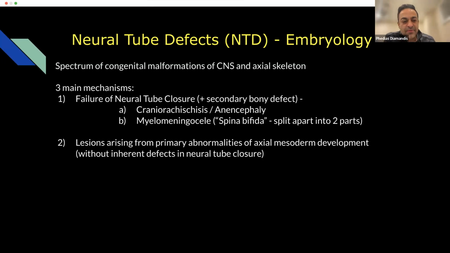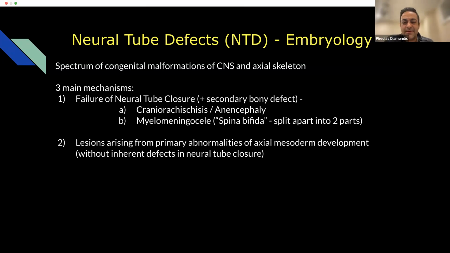There is a second group of lesions that are thought to have relatively normal neural tube closure, but there is a defect in mesodermal development, the mesoderm forming the skeletal vertebral structures around the spinal cord and the cranial vault forming around the brain.